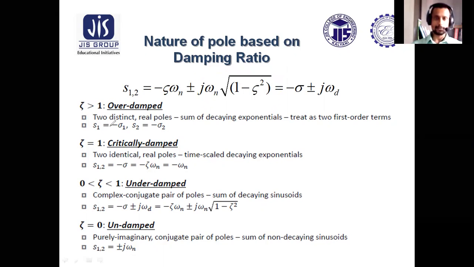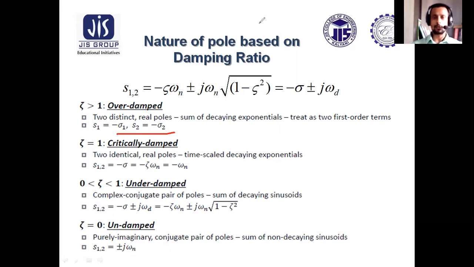So for an overdamped system, we will have two real pole values. Due to these two real pole values, an overdamped system can be considered as the addition of two first order terms.